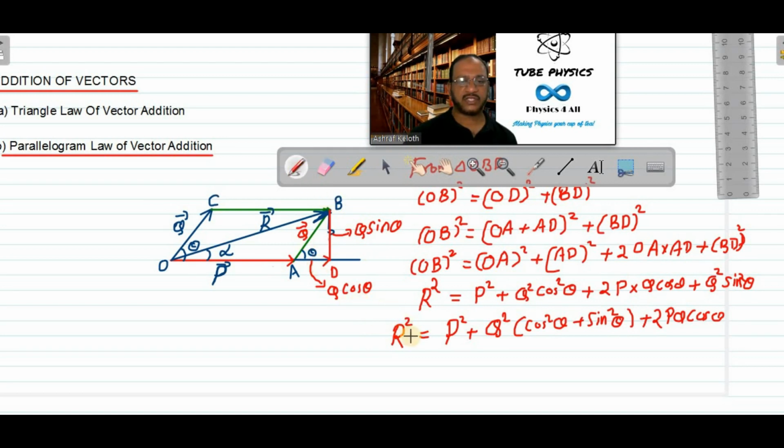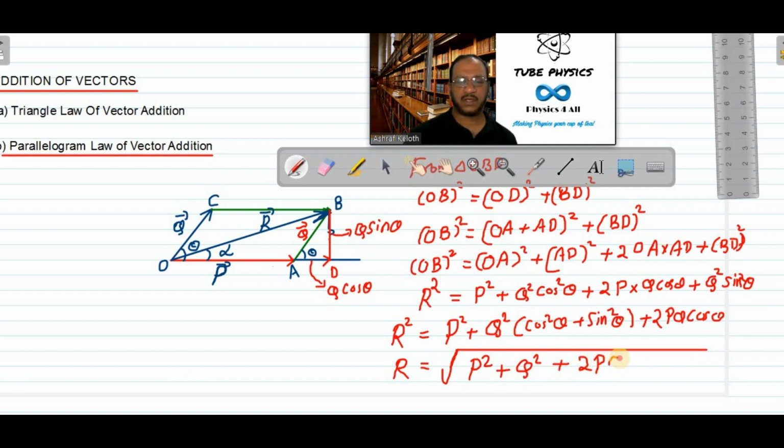Now the next step, we can write r equal to the square root of this. R is equal to the square root of p square plus q square, cos square theta plus sin square theta is 1, so p square plus q square plus 2pq cos theta.